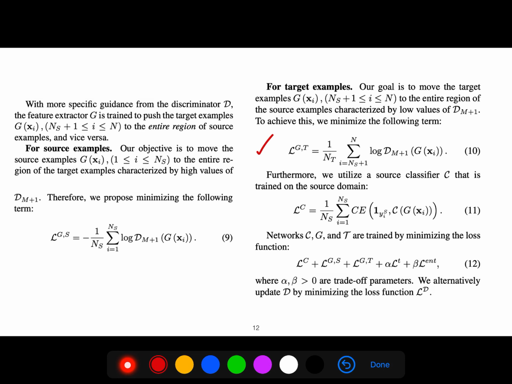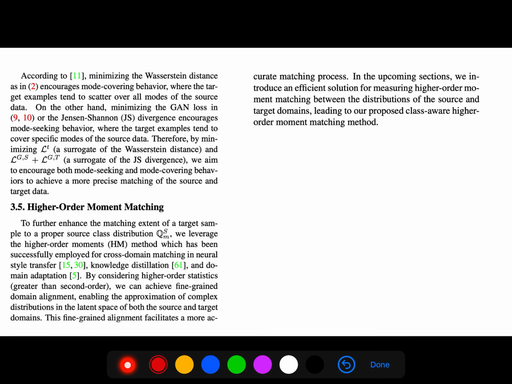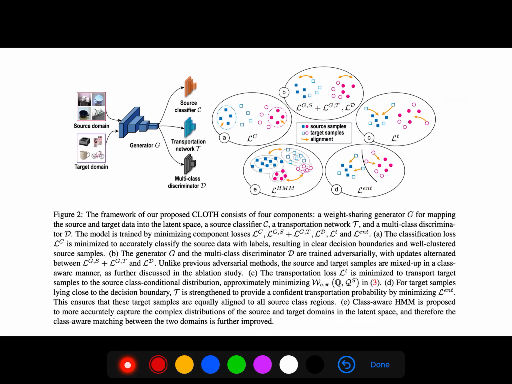And we utilize a source classifier that is trained on the source domain. And then this is the entropy loss, and we have discussed this as well. They also talked about high order moment matching. So the generator wants to fool the discriminator, and we have the transportation network and the source classifier. This is the framework of the model proposed in this paper.